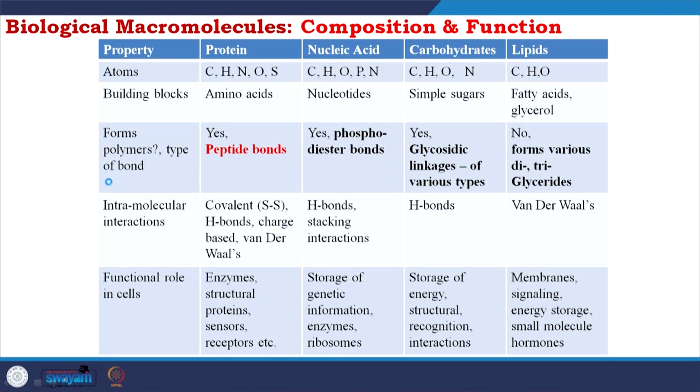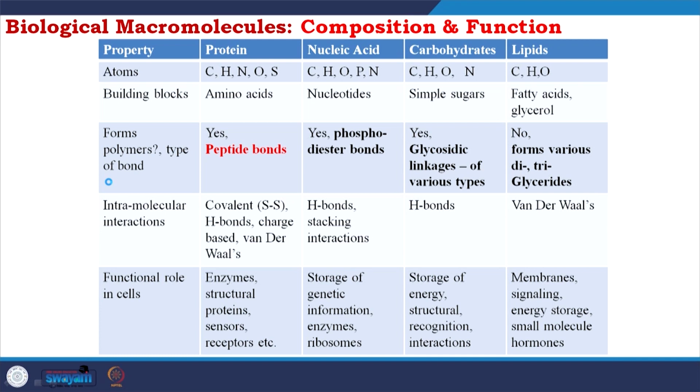Carbohydrates are very important. In all the edible foods, cereals and all, you get carbohydrates. But because of the presence of various glycosidic linkages, it is nearly impossible to model their structures. That is the problem. Lipids do not form polymers, they form various di- and triglycerides.